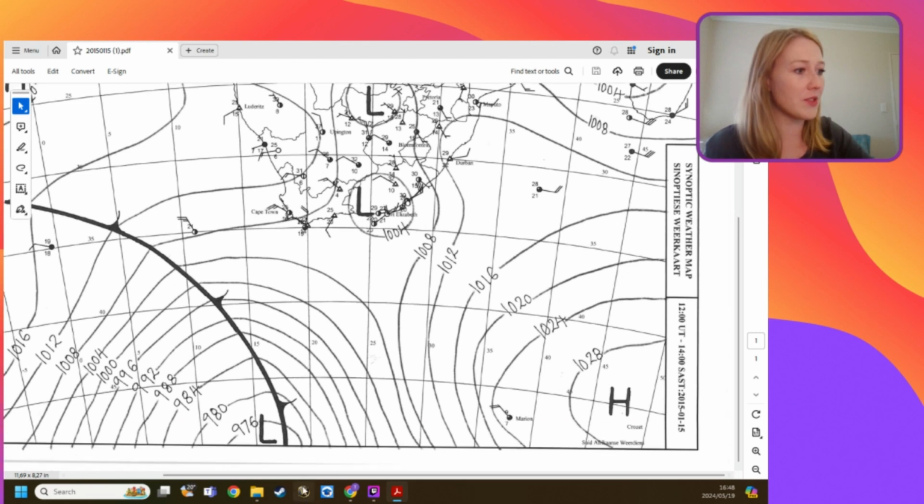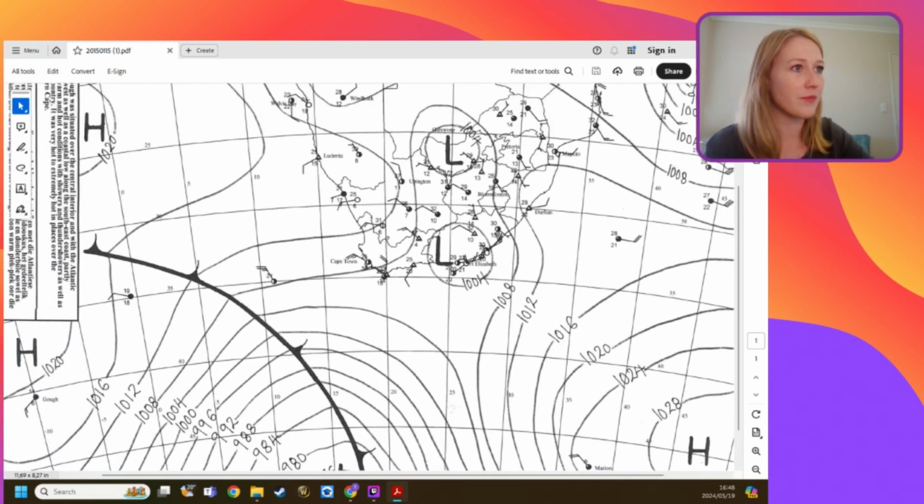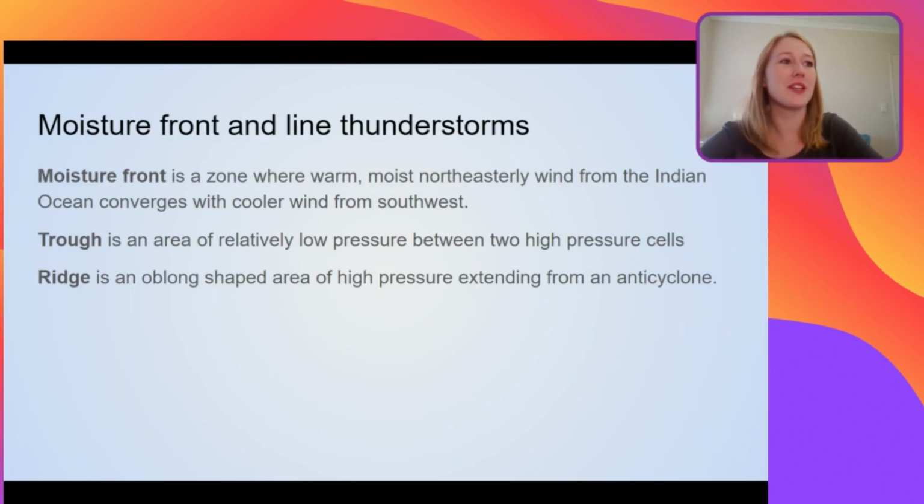Now the same thing happens on this side over here. The same thing happens with this high pressure system. So it picks up the air from here, blows it inland, and they collide. They collide halfway through. And that brings us to moisture fronts. So I mentioned that the wind carrying that warm, moist air is blowing in, and the wind that is fairly dry, fairly cold, also blows in from the other direction, and they collide.